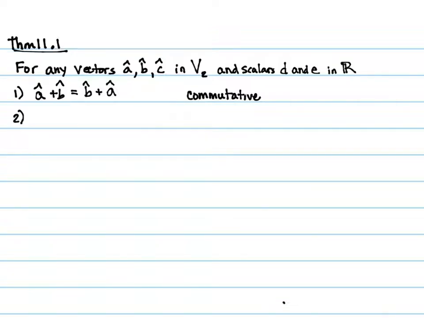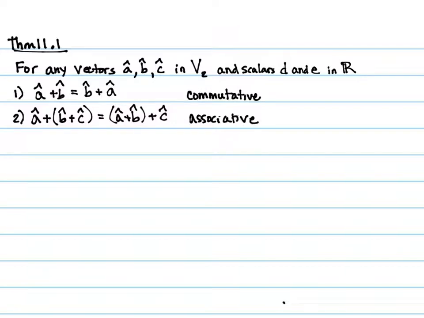The second one says that if I have (A plus B) plus C, this will equal A plus (B plus C). What's that property called? Associative. Associative is this idea of what we're associating together. That's why the parentheses are grouping them.